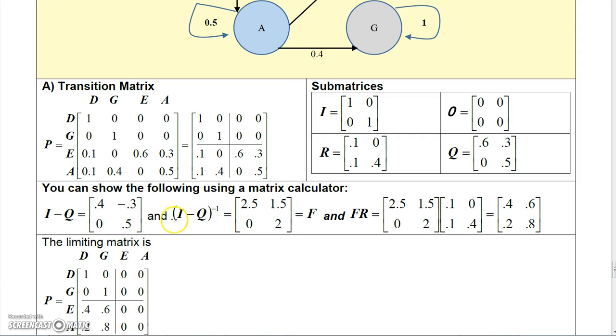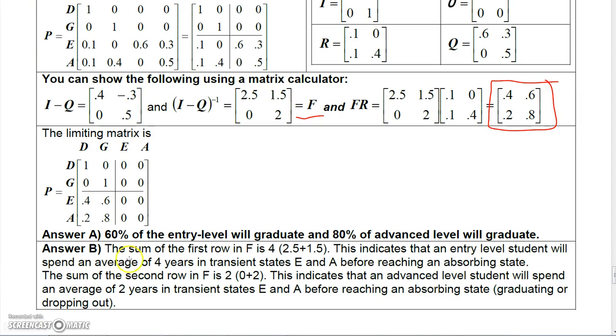I found the inverse just using my calculator. So I got 2.5, 1.5, 0, and 2. That's F. And now I want to multiply F by R, so I multiply F and R together, and I get FR. So now I can get my limiting matrix. Remember, my limiting matrix, I'll have the identity matrix here, 0 here. I'll put FR here, which is this matrix I have circled here, and then 0 here.